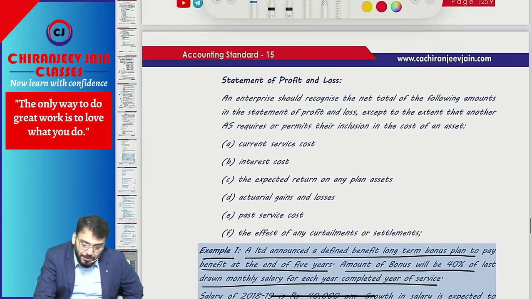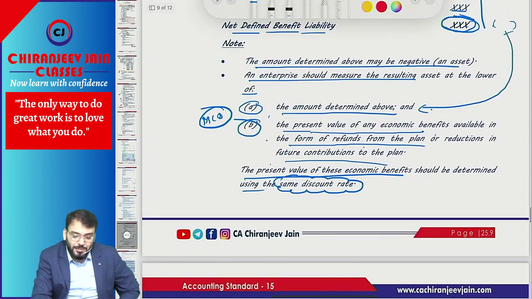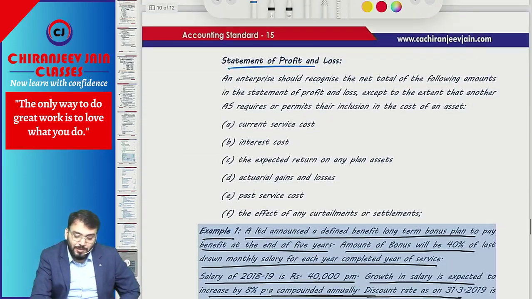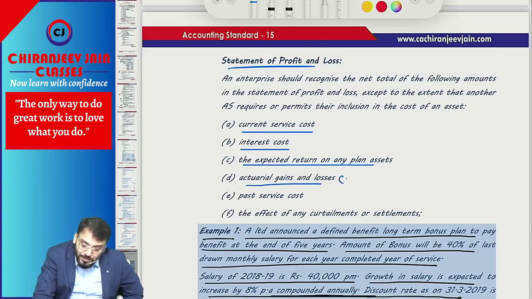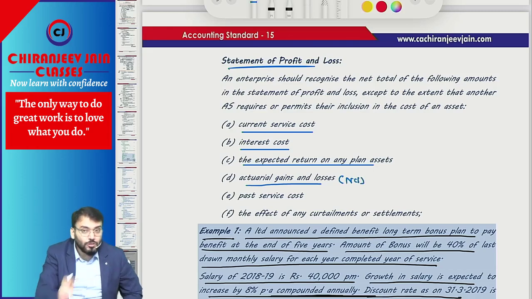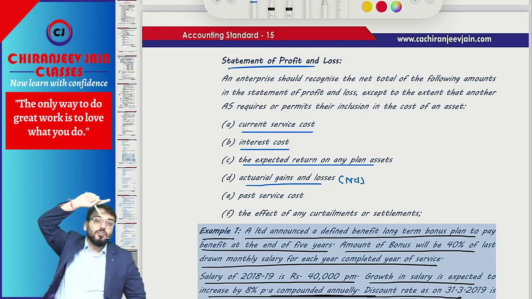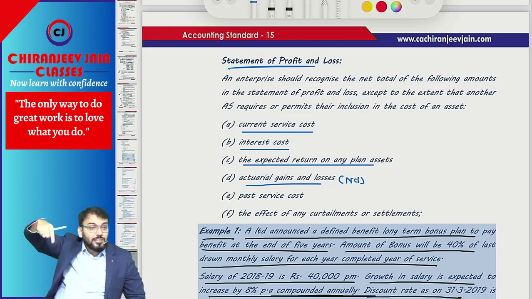In the balance sheet, you have understood. In the statement of PL, whatever will come? Current service cost, interest cost, the expected return on plan asset, correct. Actual gain or loss, net amount. Net means what? There are two actual gains or losses: one is on DBO, and one is on plan asset.